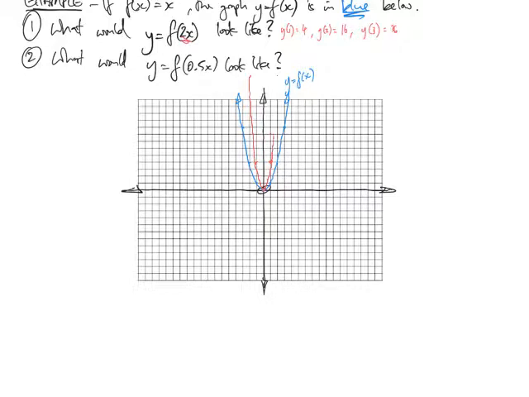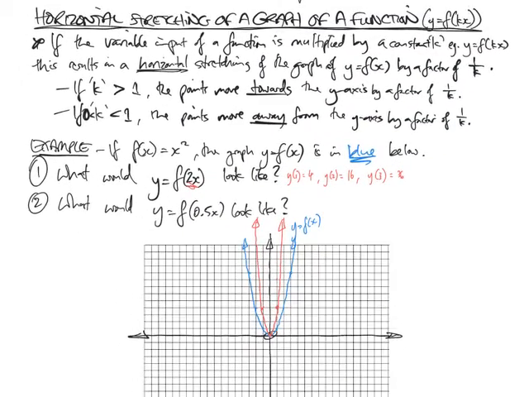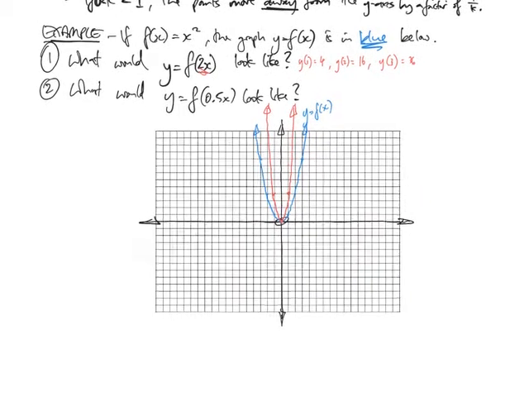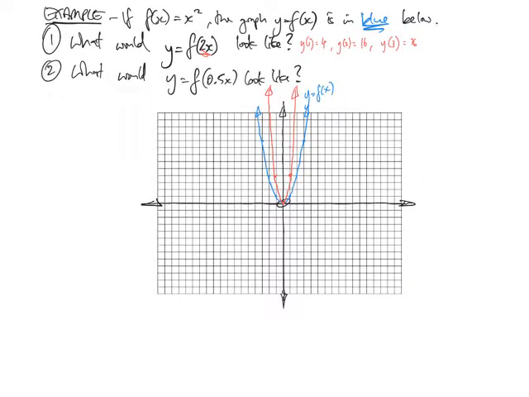So you can see that it has stretched horizontally towards the y-axis by a factor of 1 on k. Well, k was 2, so 1 on k is a half. Are the points all half the distance away from the y-axis they were before?